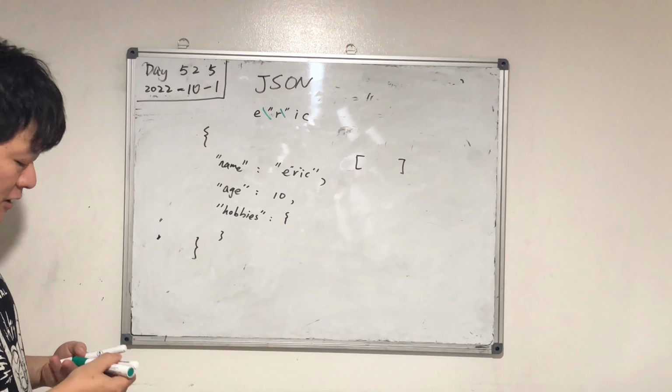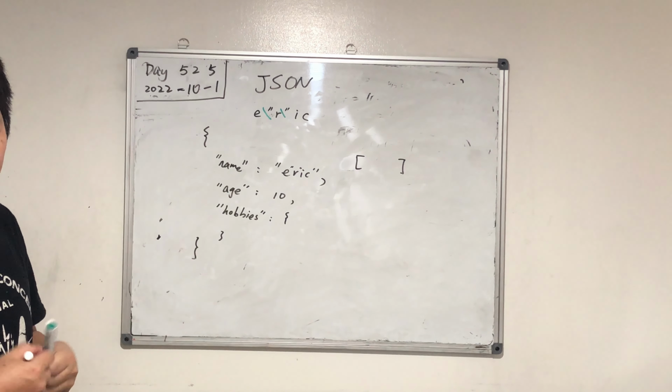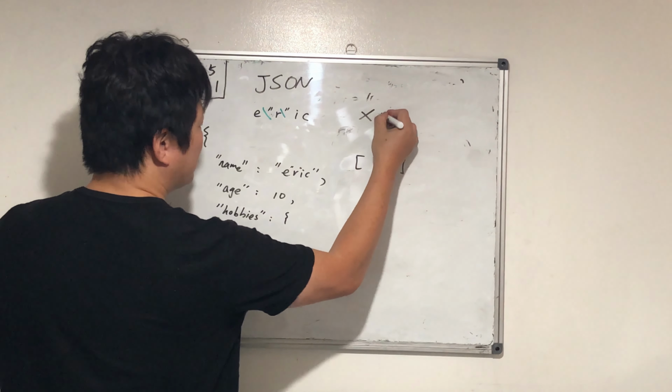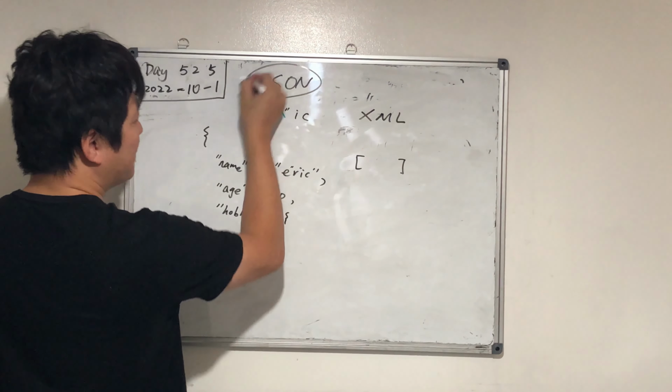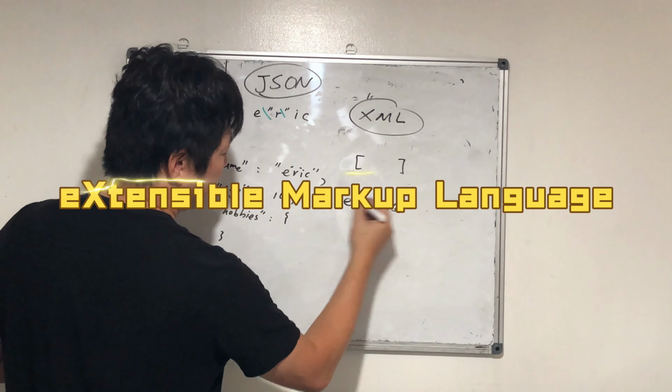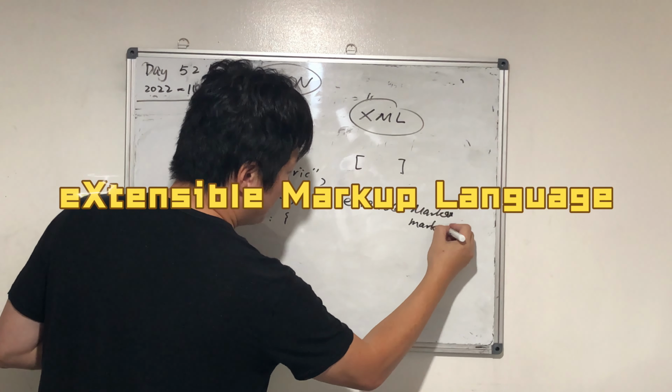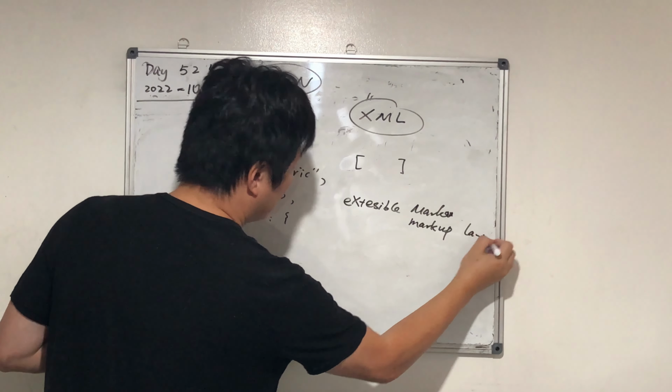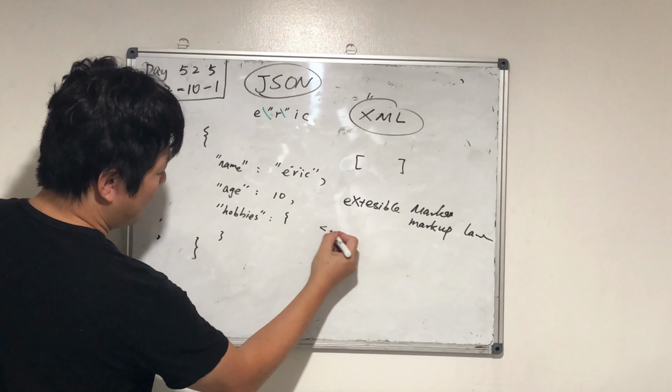So today we want to talk about another data format called XML, which is very popular as well. So this is JSON, this is XML. XML stands for Extensible Markup Language. Okay? So what does it look like?